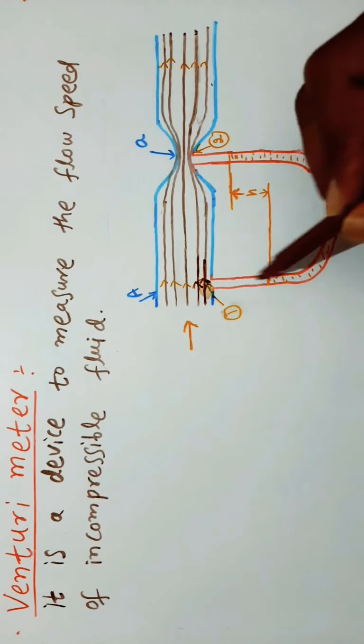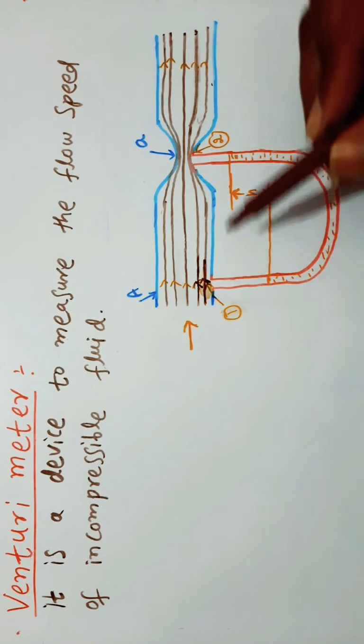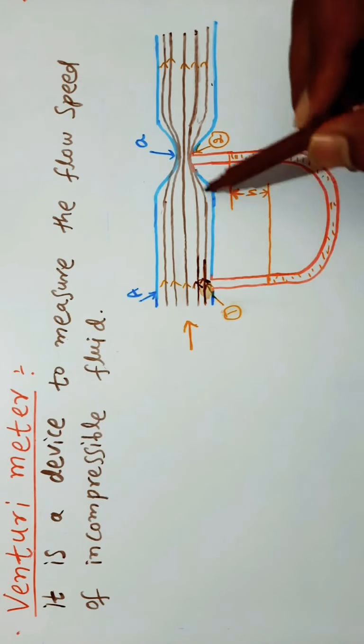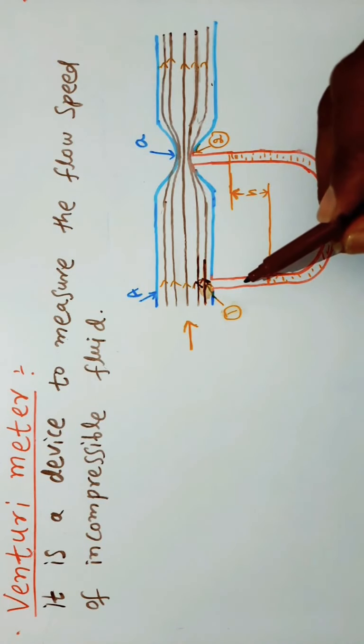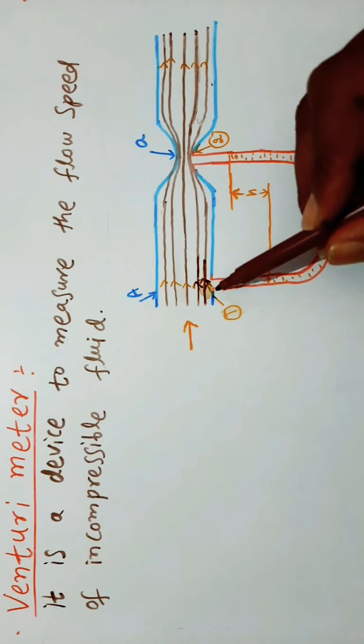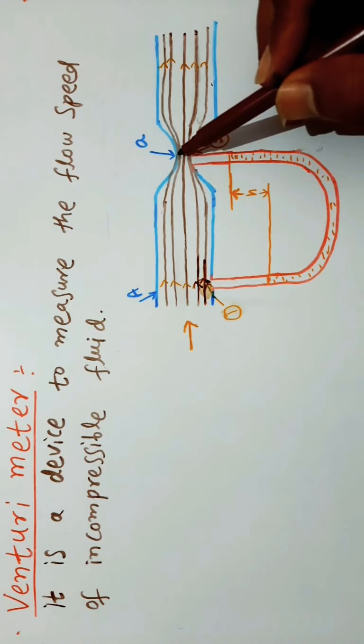A manometer in the form of a U-tube is also attached to this tube. One arm of the U-tube is attached at the broad neck and the other is attached at the constriction.